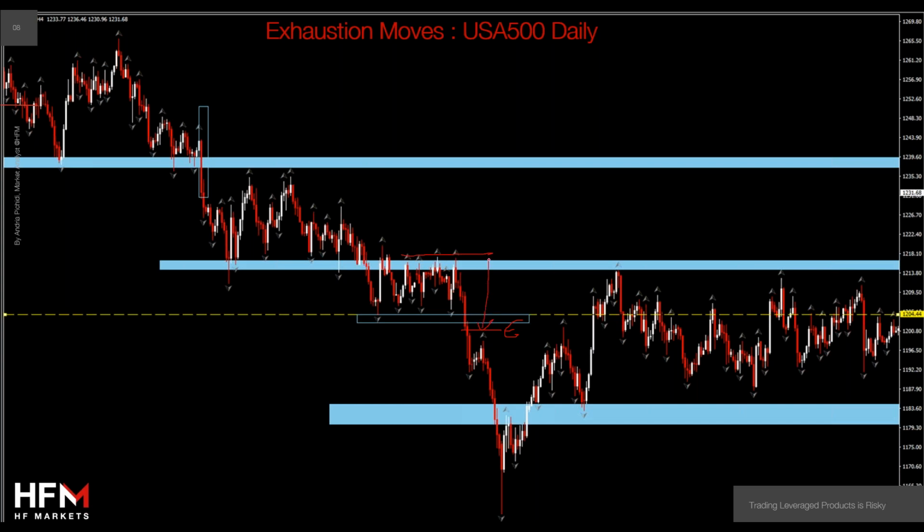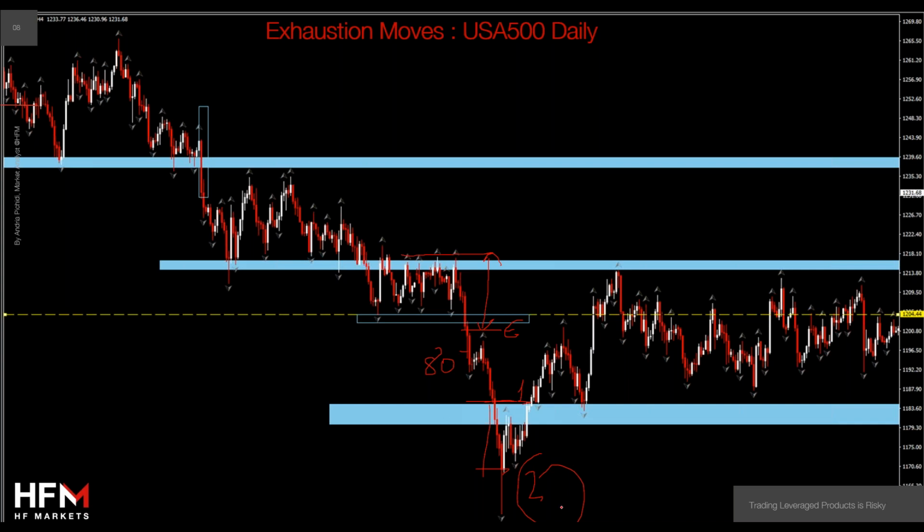So measure this distance, drag and drop it here, and you will have your first target and your second target, because once this distance is your first target, twice this distance is your second target, and you can say, okay, I will put 80% of my position, or 70 or 60%, on the first target, and the remainder on the second target. Lock in profits. Okay, and so on and so forth.